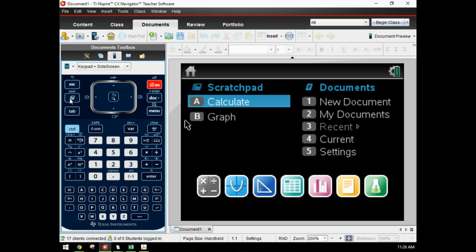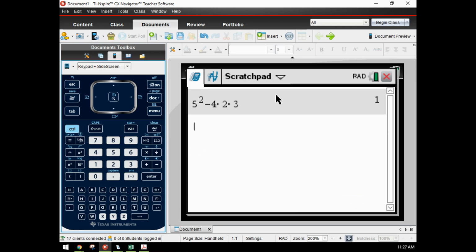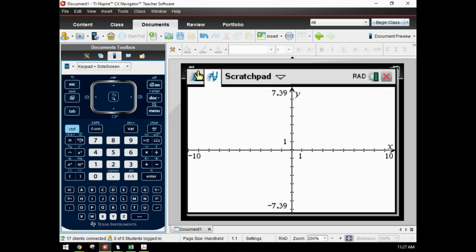The flying calculator, if you hit it once, most of the time it should take you to the calculator page. If you hit it again, it will flip you back and forth between a graph and a calculator. That's why the scratch pad, or the flying calculator, is easier to use, because you can flip back and forth between the two easily.